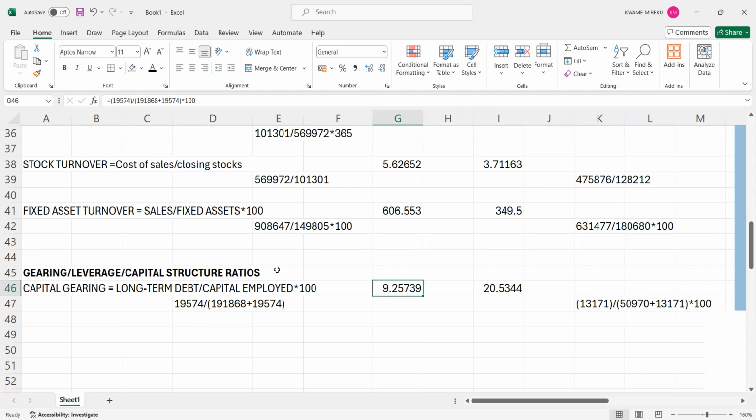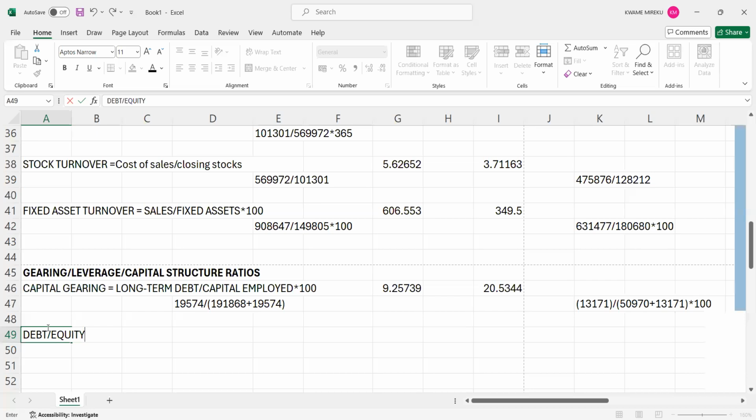Now, one way of also explaining this is not comparing to the capital employed, but comparing the long-term debt straight to the equity. So you can have the debt to equity ratio. When you are assessing a business, it is the same thing, just that here you compare the debt to equity straight away.